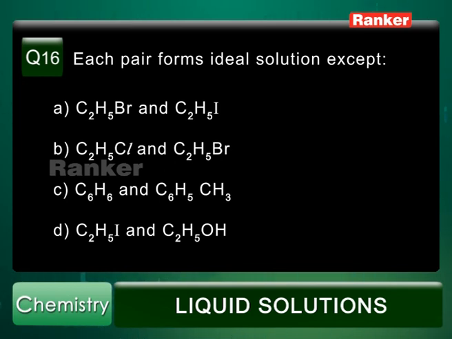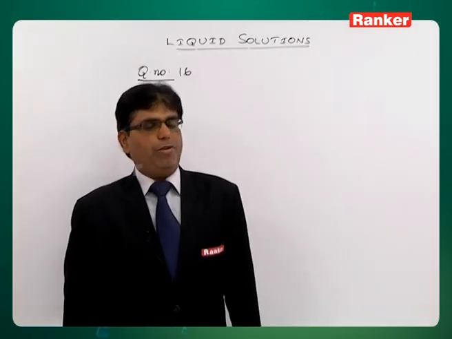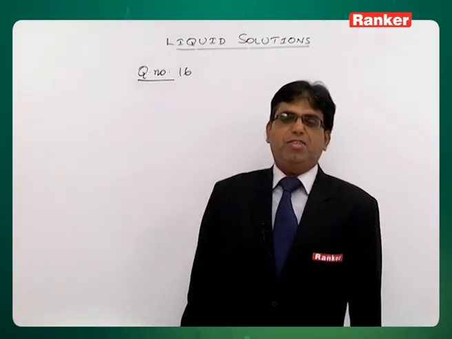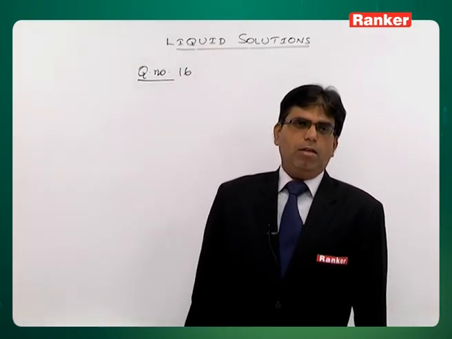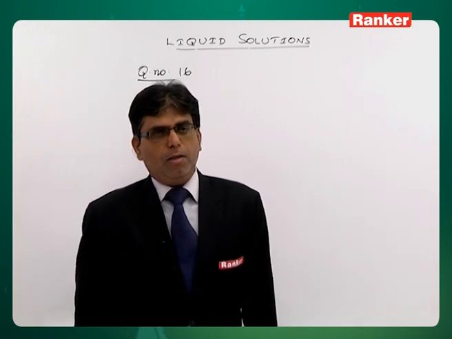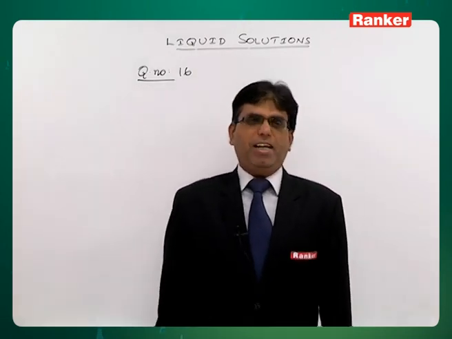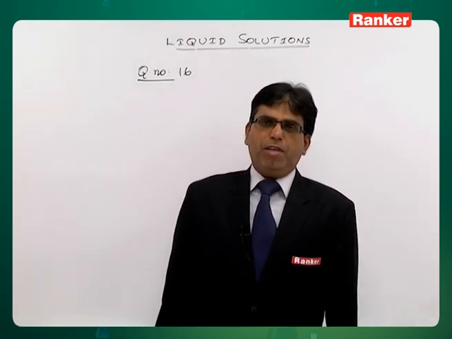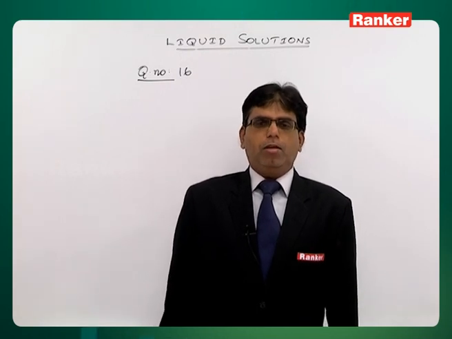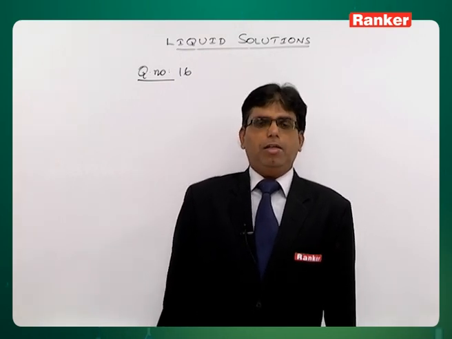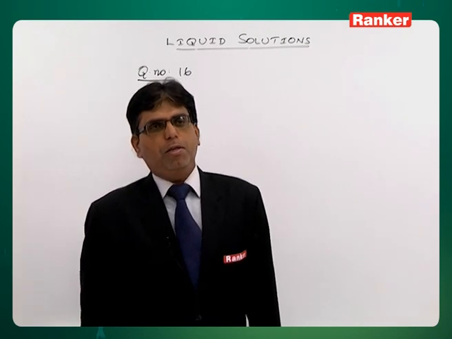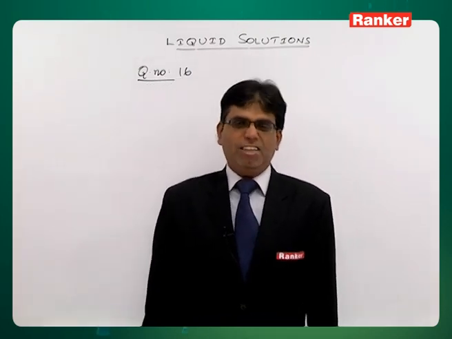The combination of which pair will not give an ideal solution? For 2 liquids to form an ideal solution, the necessary and sufficient conditions are that structurally both the compounds must be identical, the molecular weight difference should be small, and the physical and chemical properties must be much closer to one another.